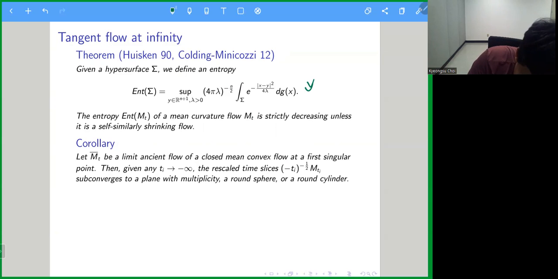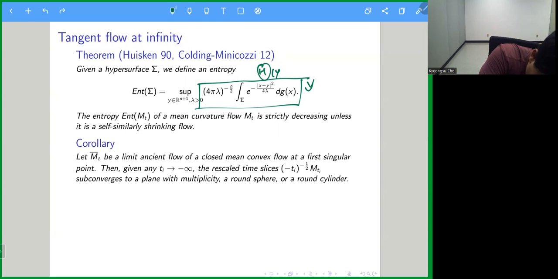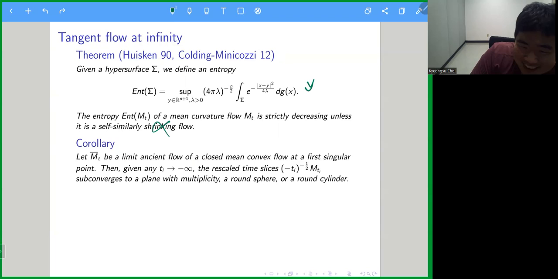Let me fix this a bit. Let me define this as theta at y, r. Then I have to be more careful.